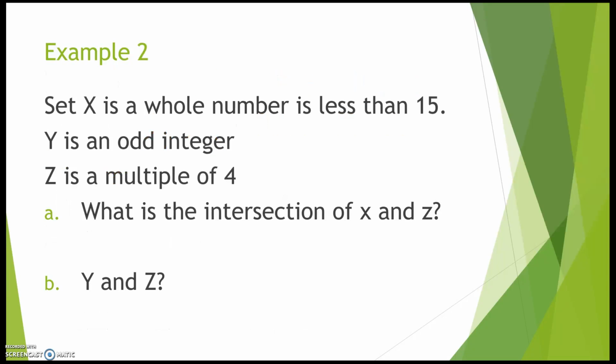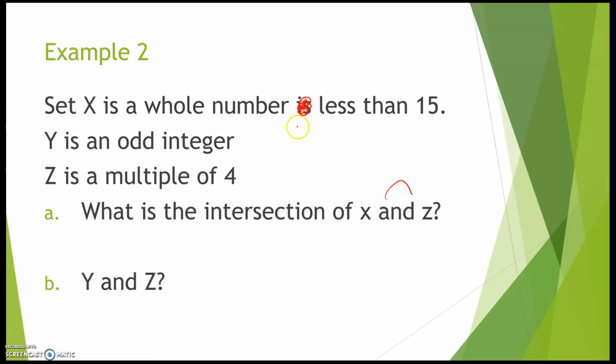Now, set X is a whole number less than 15. Y is an odd integer, and Z is a multiple of 4. I wrote it out here. What is the intersection of X and Z? So what's in common between X and Z?